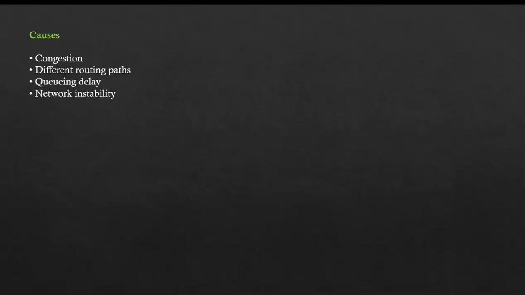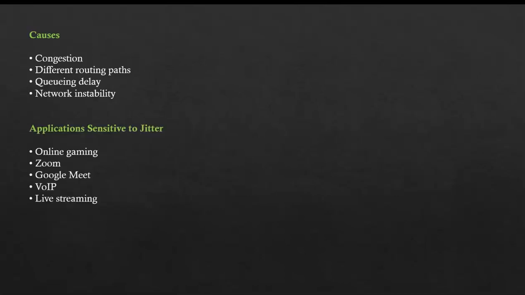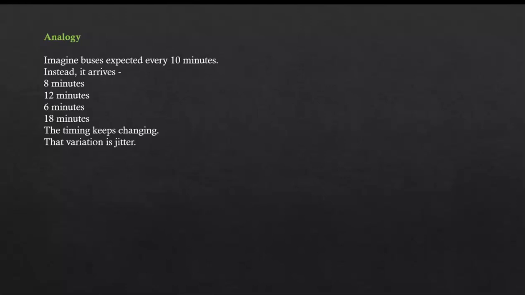Congestion in the network, packets taking different routing paths, queuing delay could be one possible reason, and network instability could be another reason. So which applications are sensitive to jitter? Online gaming, Zoom, Google Meet, voice over IP, and live streaming are examples of applications which could be prone to jitter.